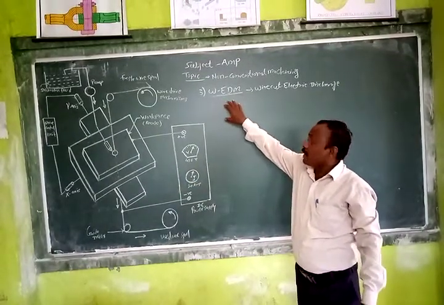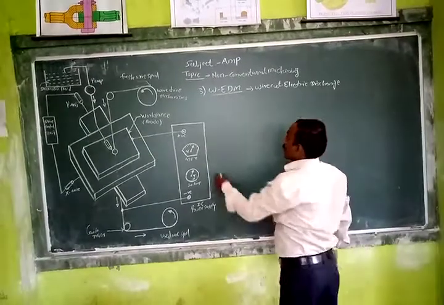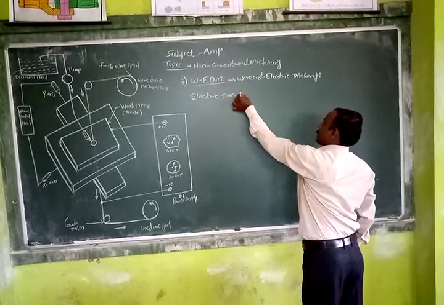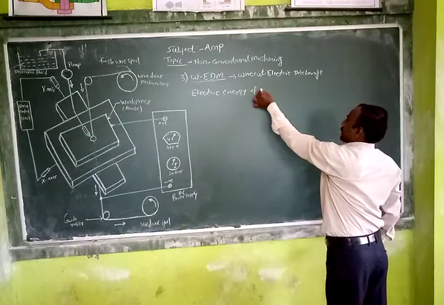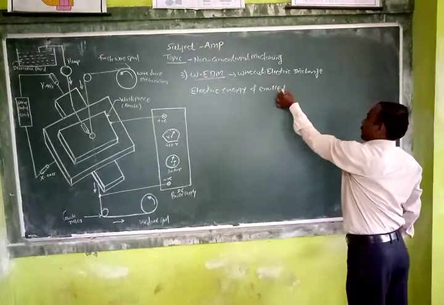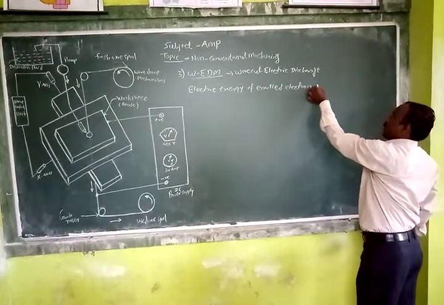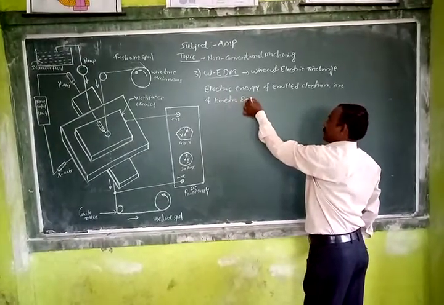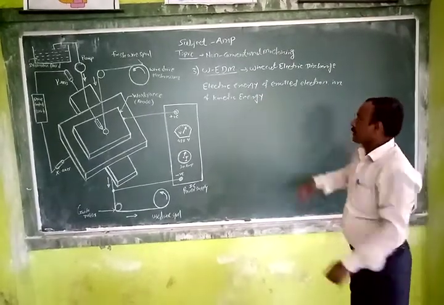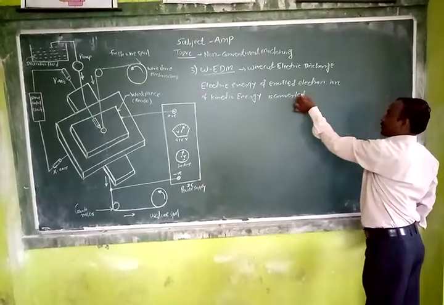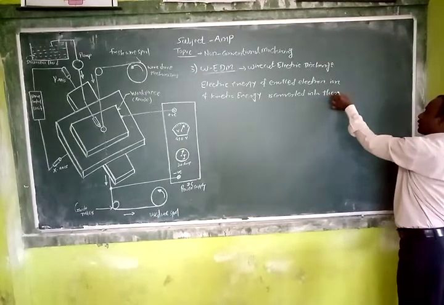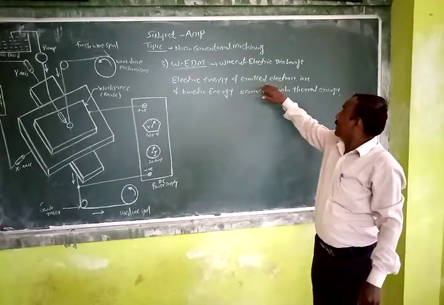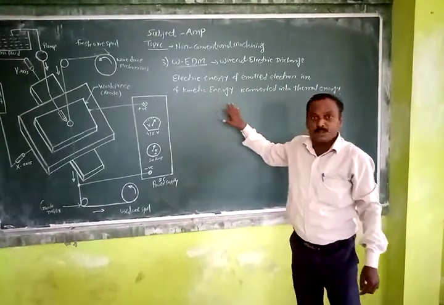The principle of wire cut electric discharge machining is that the electric energy of emitted electrons or ions, the kinetic energy, is converted into thermal energy.